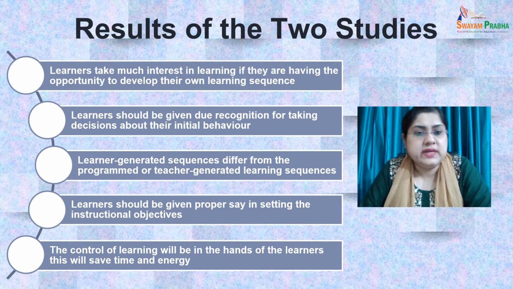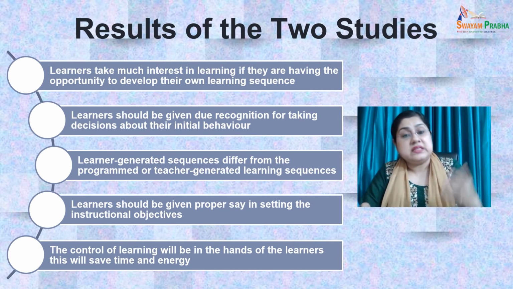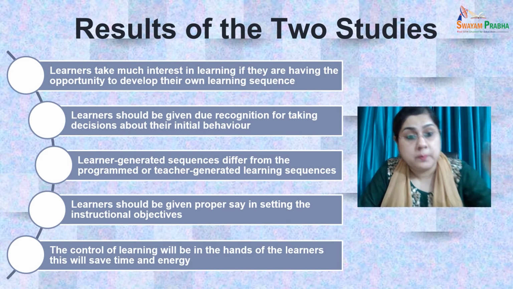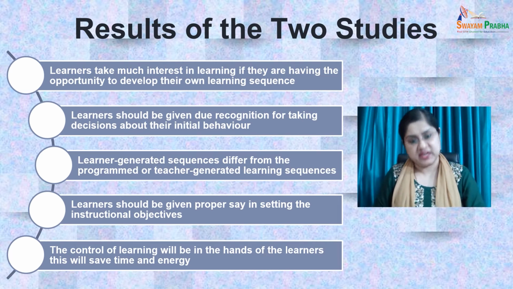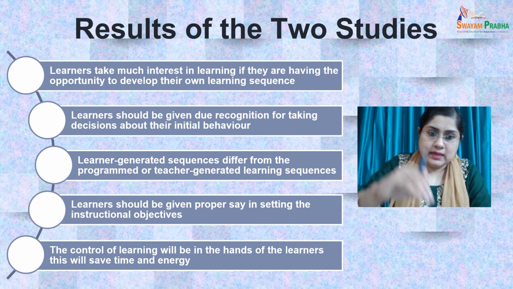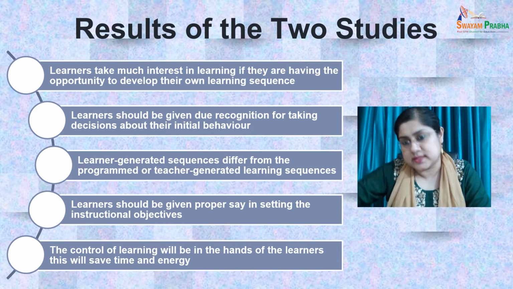They concluded that the learner takes much interest in learning things if the learner is provided the opportunity to develop his or her own sequence of learning. Then the learner is one of the best sources of information about himself or herself.